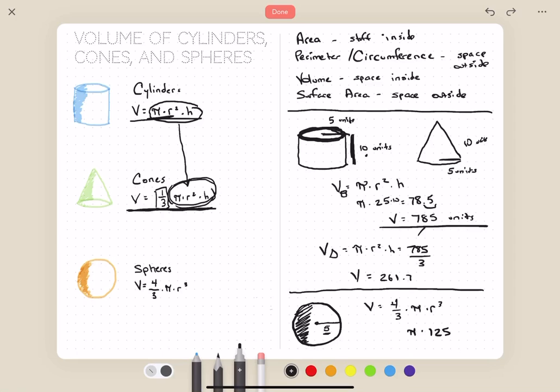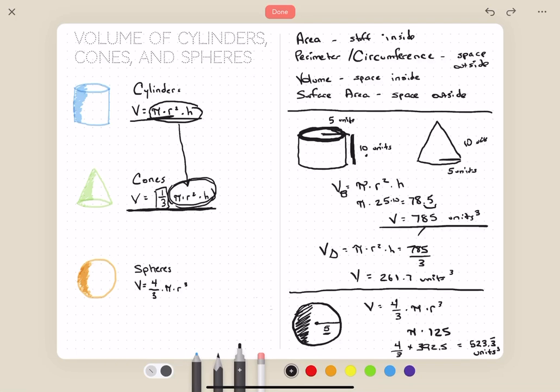So 125 times 3.14 equals 392.5, and then we multiply by 4/3, times 4 divided by 3, and then we get 523.3 repeating units cubed. And these are all units cubed, because we're talking about a 3D shape.